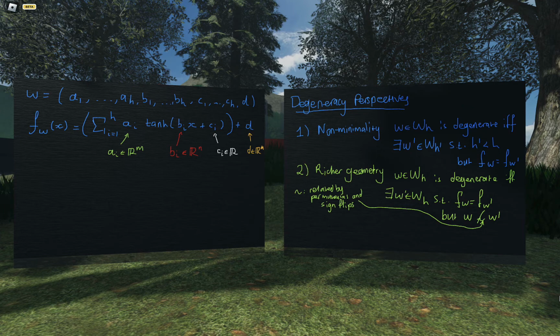But if you thought about how you would actually take a parameter and test this, how would you know if a particular parameter couldn't be implemented with a smaller number of units, without searching through all of the smaller architectures and all of the parameters? And how would you know if there wasn't some transformation out there that could transform your parameter without changing the function, and couldn't be described by permutations and sign flips?